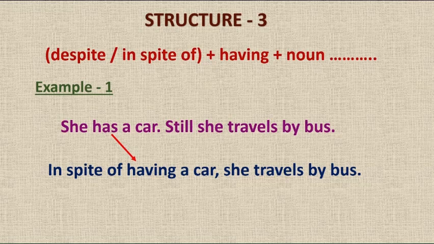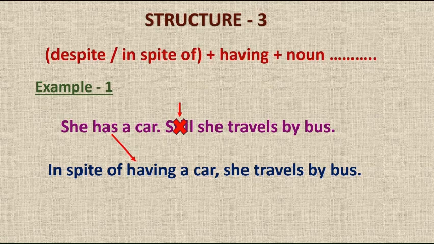You need not write it because the meaning is conveyed by in spite of. In the previous example we removed yet, and here still also means the same. The meaning of still is conveyed by the phrase in spite of. So we remove still, followed by she travels by bus.